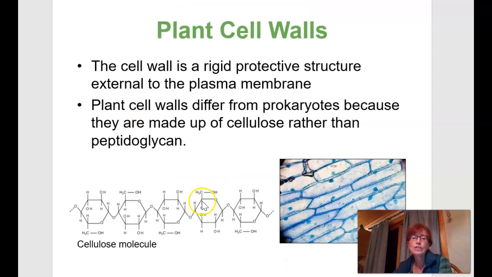Plant cell walls, we've already talked about this idea that there's a material called cellulose that forms the wall around the cell. So the wall is first, and then on the interior of that would be a cell membrane. And so this is a little different than prokaryotes, but we haven't discussed this yet, so I'm going to go on.